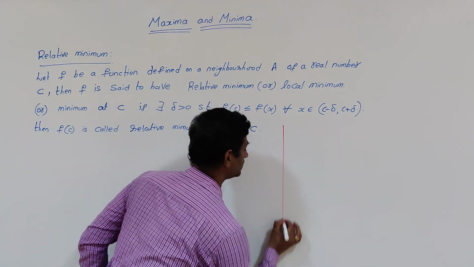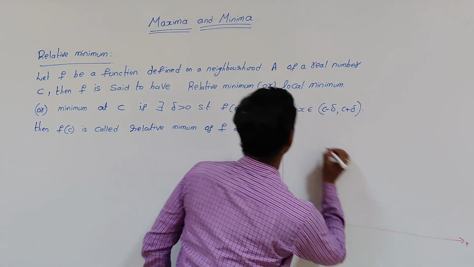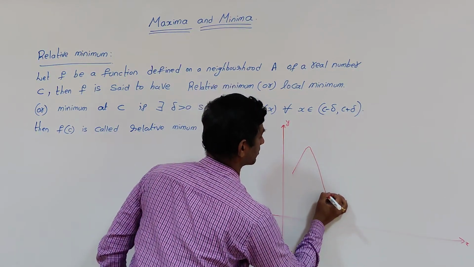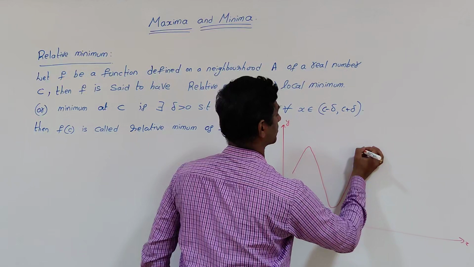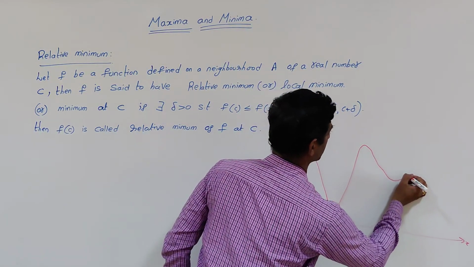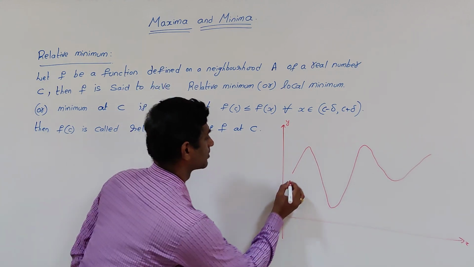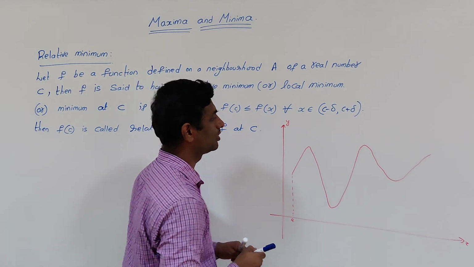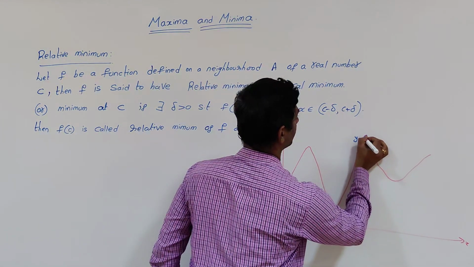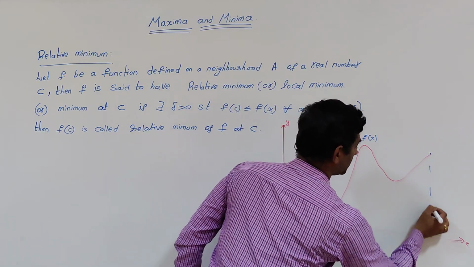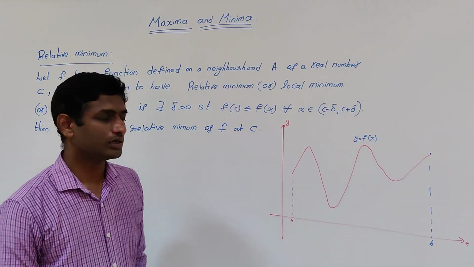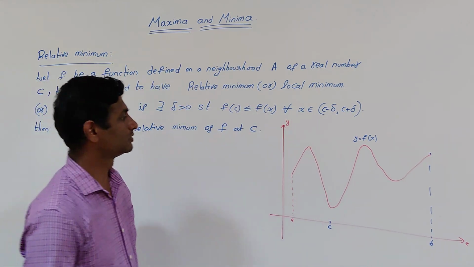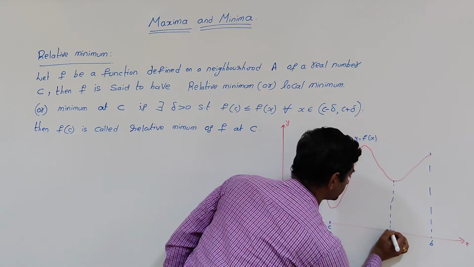So we will see the picture. Let y equal to f of x be a function defined on A to B. Suppose this is C and this is some other value C1.